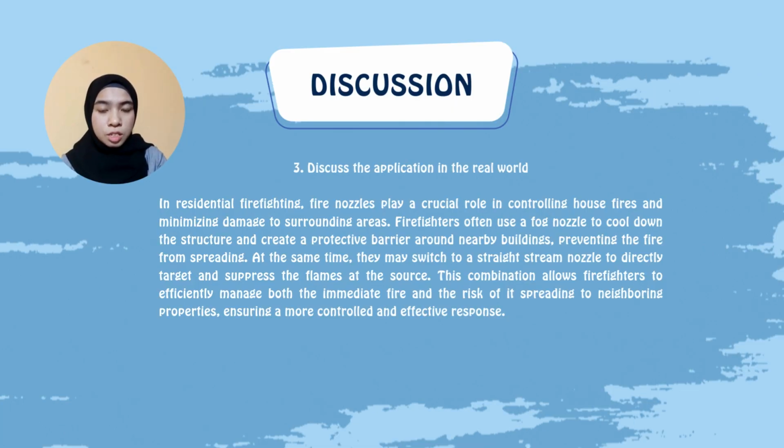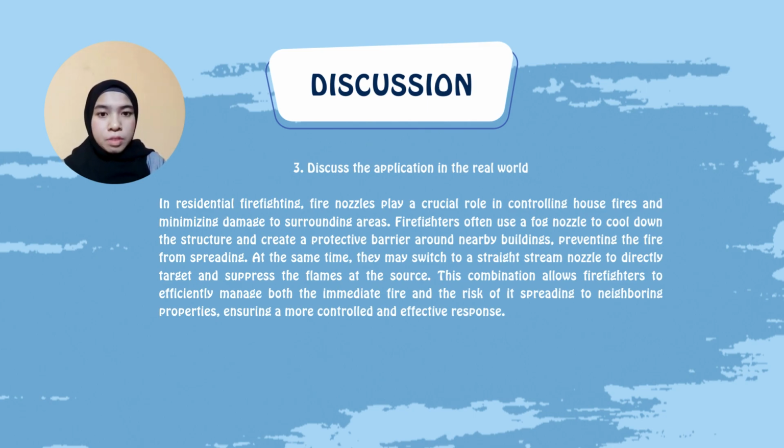For our third discussion, about the application in the real world, in residential firefighting, fire nozzles play a crucial role in controlling house fires and minimizing damage to surrounding areas. Firefighters often use a fog nozzle to cool down the structure and create a protective barrier around nearby buildings, preventing the fire from spreading.